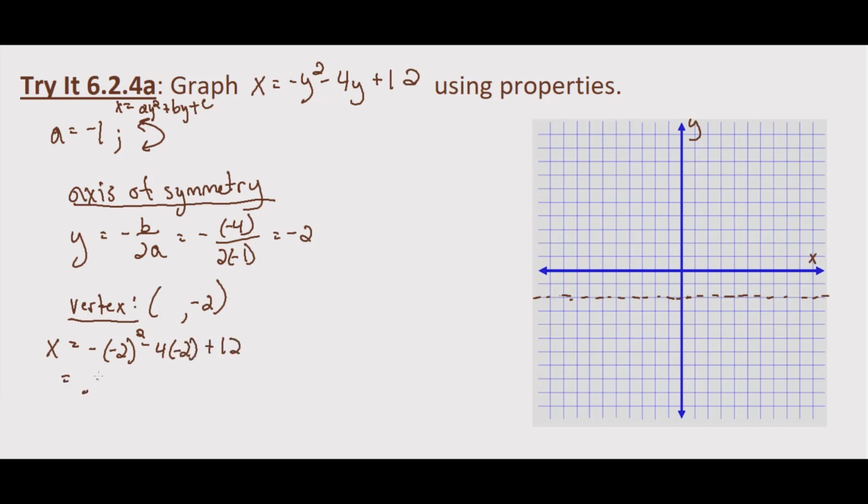That equals -4, minus 4 times -2, that's minus -8, which is plus 8, plus 12, which equals 16. So our vertex is at 16, -2.